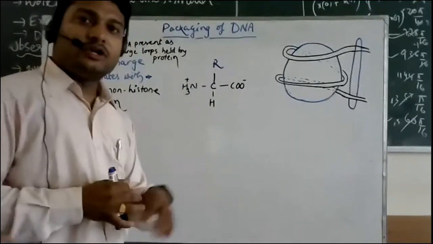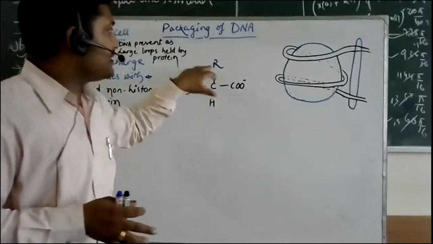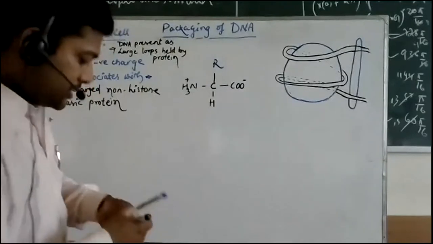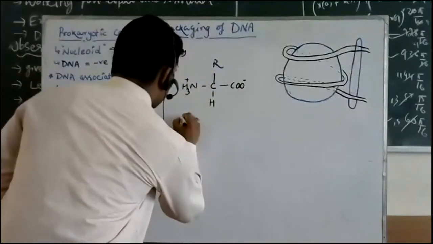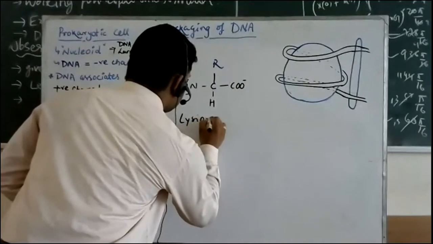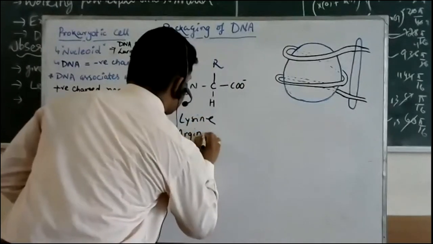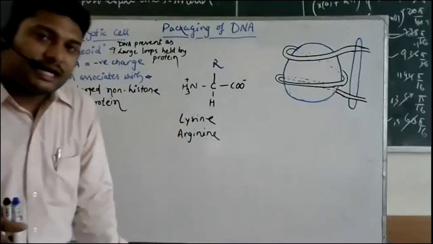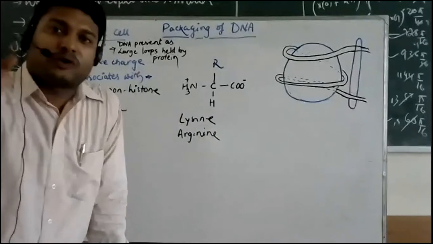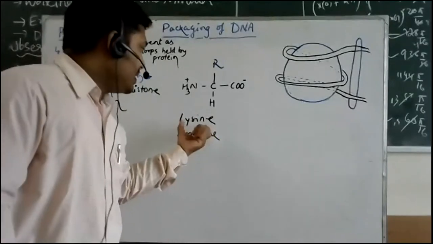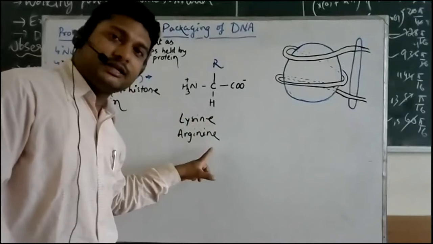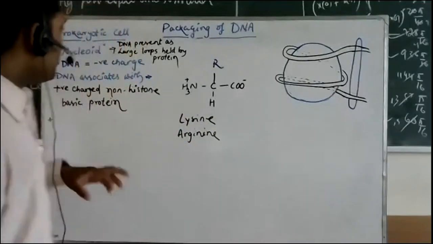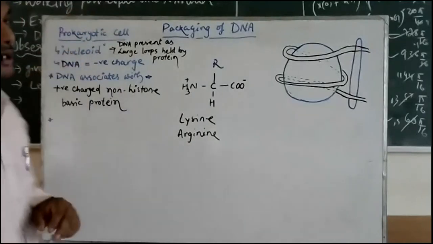So if you have a basic, charged R group, for example lysine or arginine, these are going to give an overall positive charge on the protein. If your protein is rich in lysine or arginine, it will turn out to be a positively charged protein.